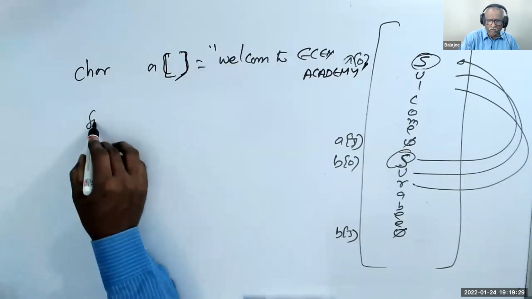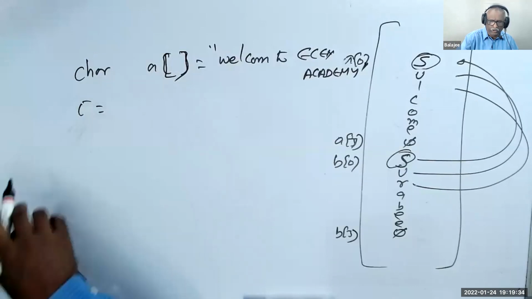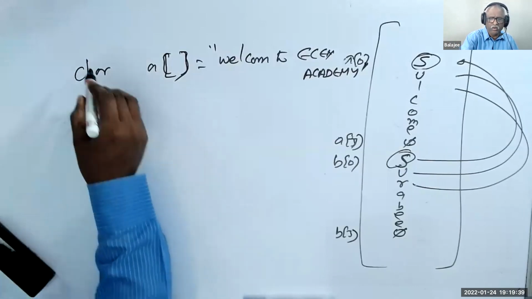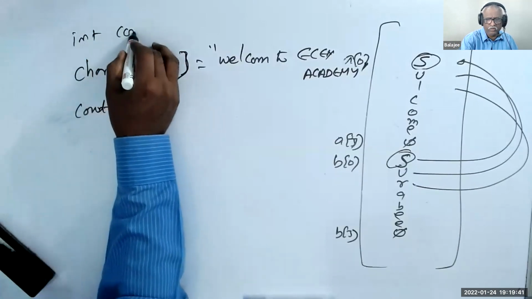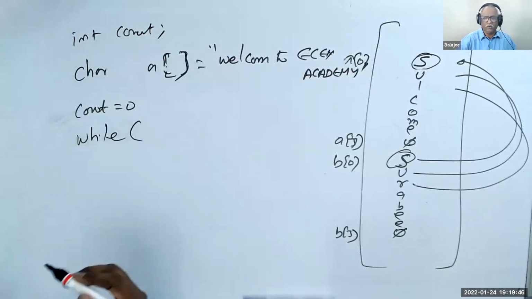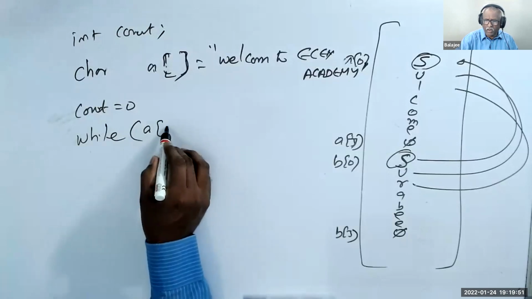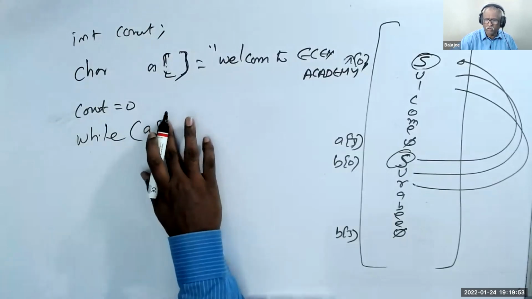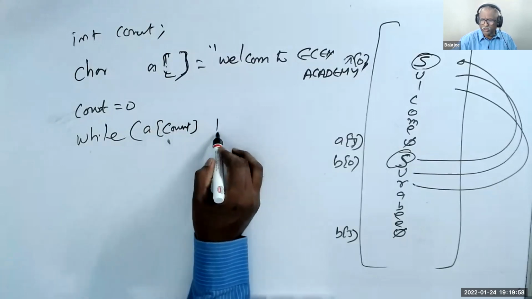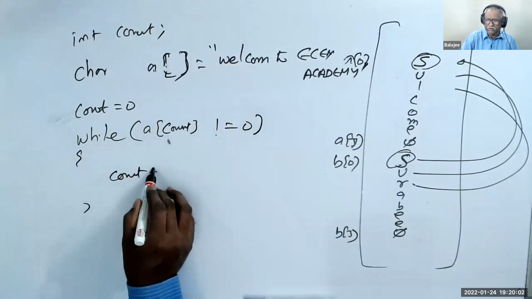If we ask you what is the length, you can say int count is equal to 0. Simple. Now while A of count is not equal to 0, count plus plus.